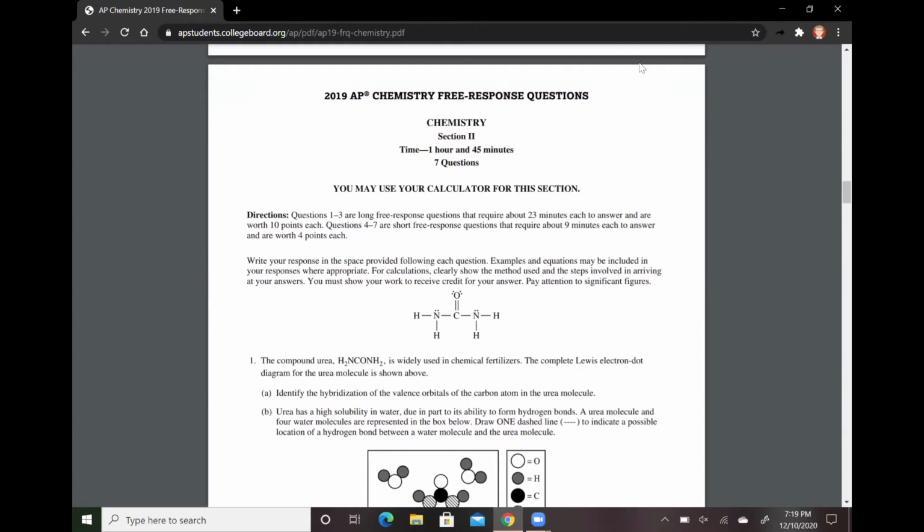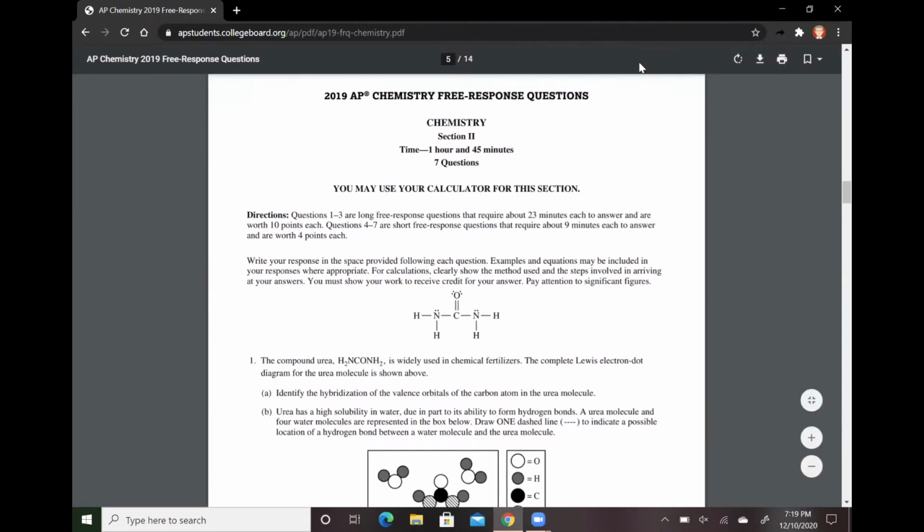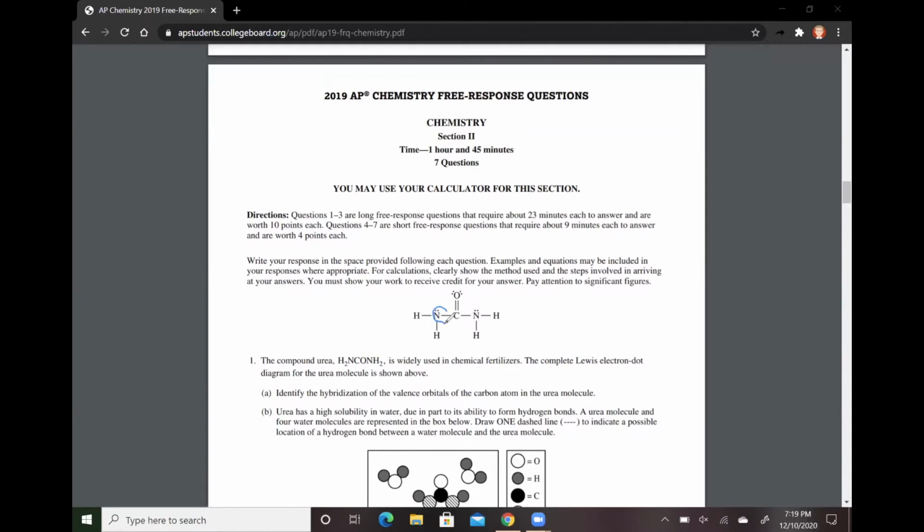Oh, whoops, I have to be on annotate. So we've got 3 atoms, 2 nitrogens on each side, and then an oxygen at the top. Along with counting the number of atoms, you're going to want to count the lone pairs on the central atom. And as we can see, carbon's got a full octet. It has no lone pairs.